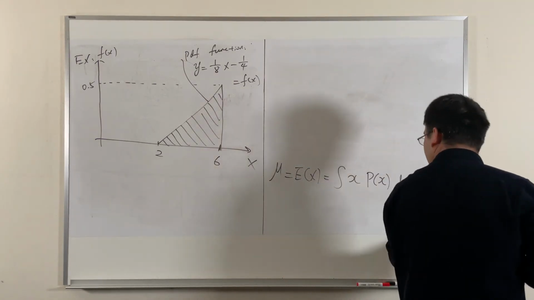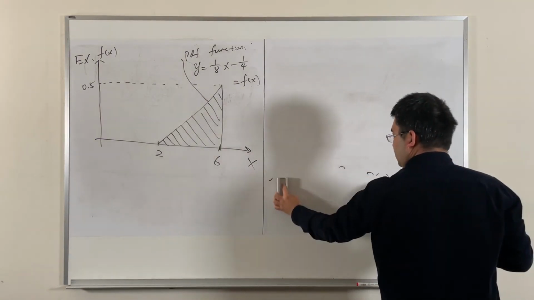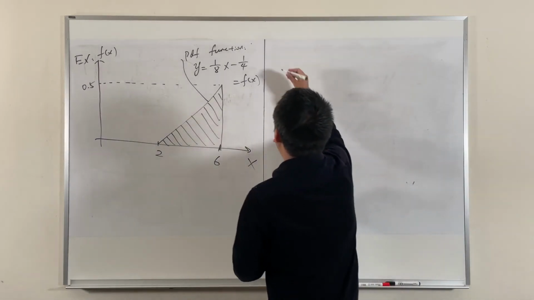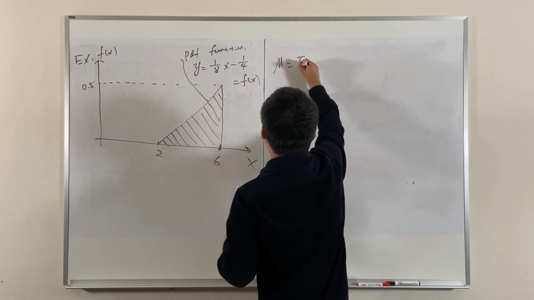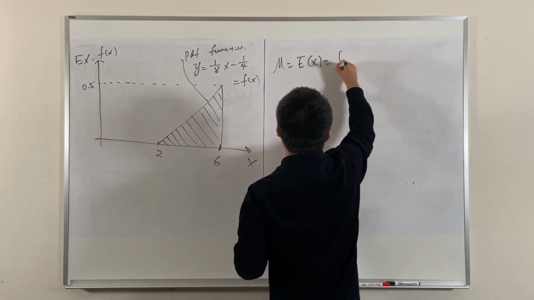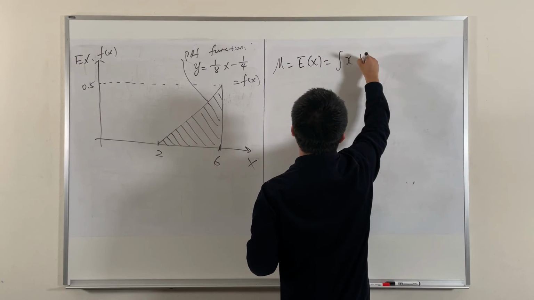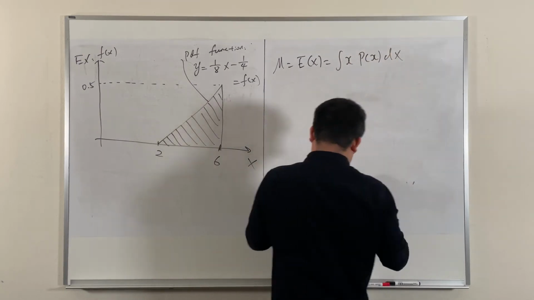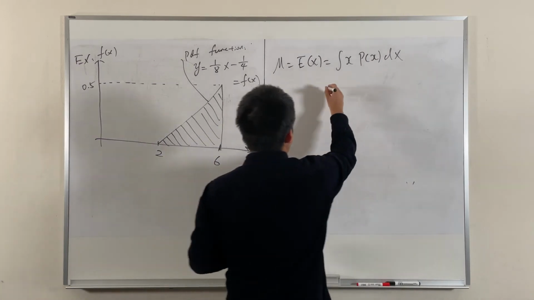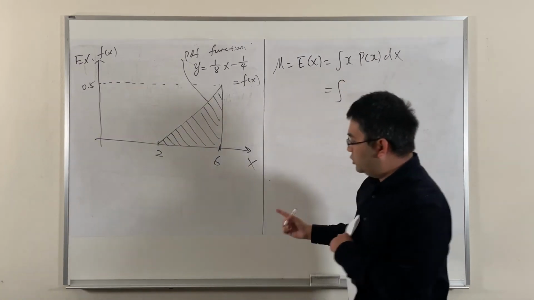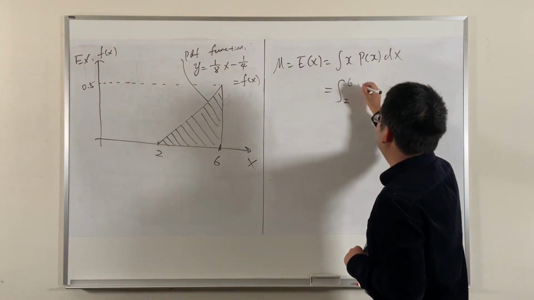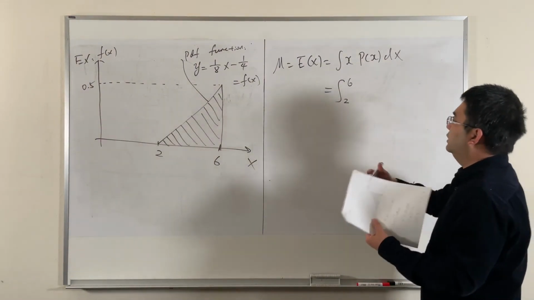Let me also erase this. So mu equals the expected value of x equals the integral of x times the PDF dx. In this case, the range is from 2 to 6, and x is just the value itself.